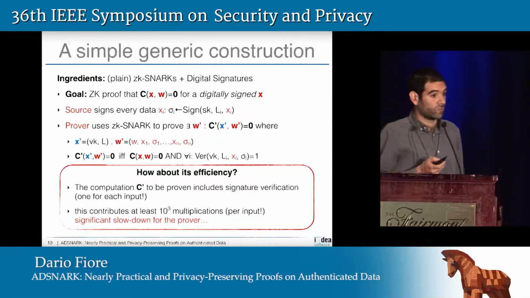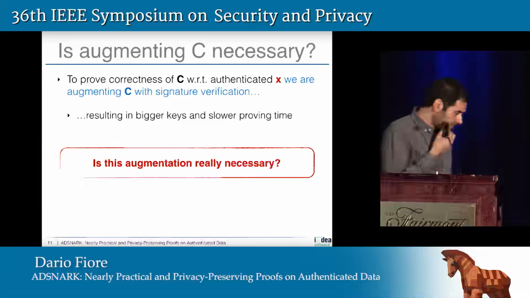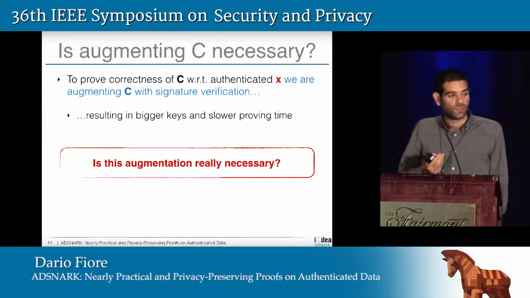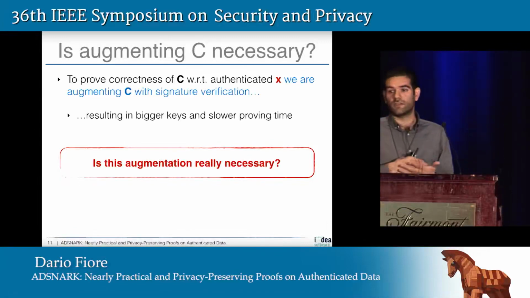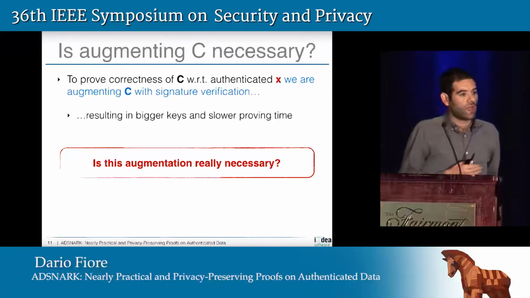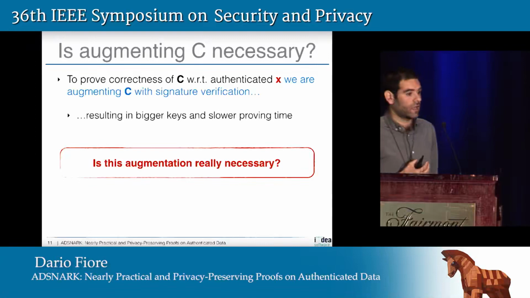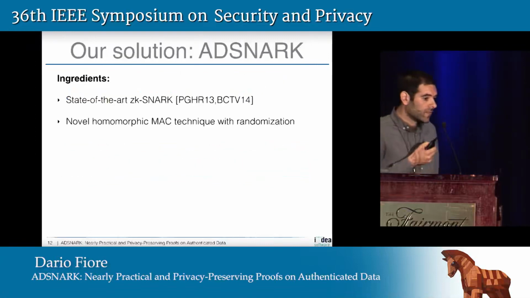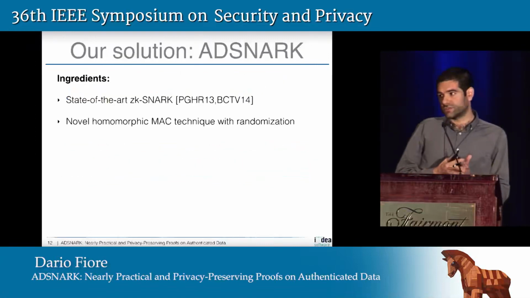for the prover. So then the question we asked ourselves was, is augmenting the circuit really necessary, or is there some other way we can achieve the same goal in a more efficient way? And that's where our solution stands.